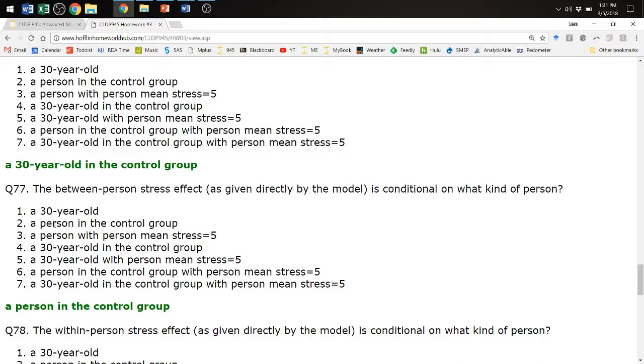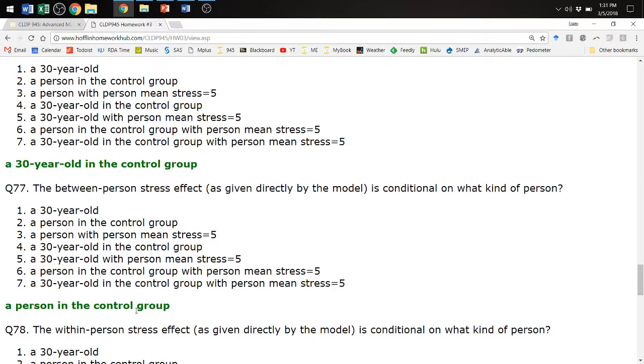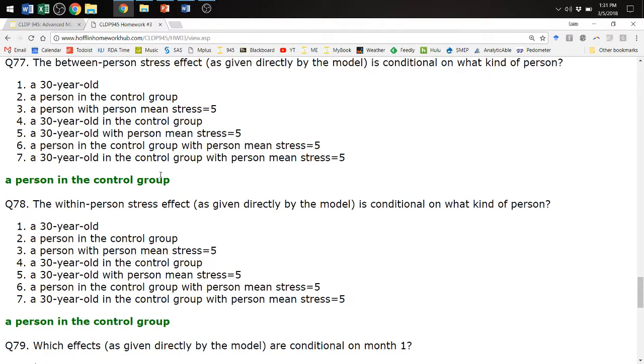Just like we say that the linear effect of time is conditional on a particular occasion, when you have a quadratic effect of time, it would be the same rationale. But it's not conditional on itself unless it interacts with itself. So for this one, it's just the control group. And likewise, for the within person effect, it's just the control group.